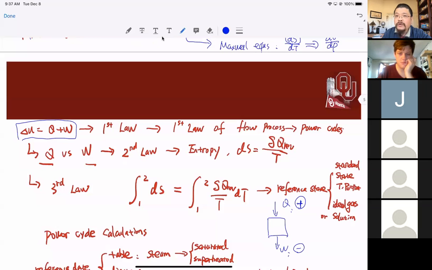So if you recall the steady state flow process, there we need to understand what quantity does not change, whether it's the mass or some flow rate or whatever quantity we have to use and set up the equation upon. So that is for the first law and the steady state flow process.